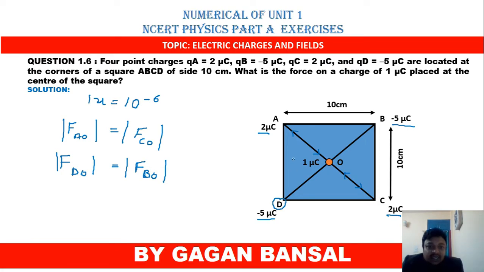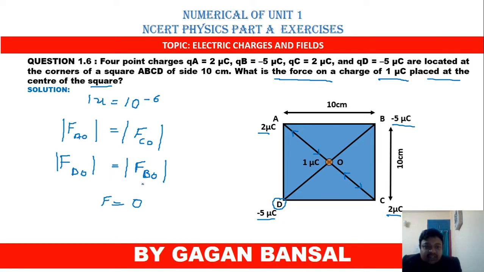In a nutshell, finally A and C cancel each other at O. Similarly, B and D cancel each other at O. So the overall force asked in the question, that is, the force on a charge of 1 microcoulomb placed at the center of the square, will be equal to 0.